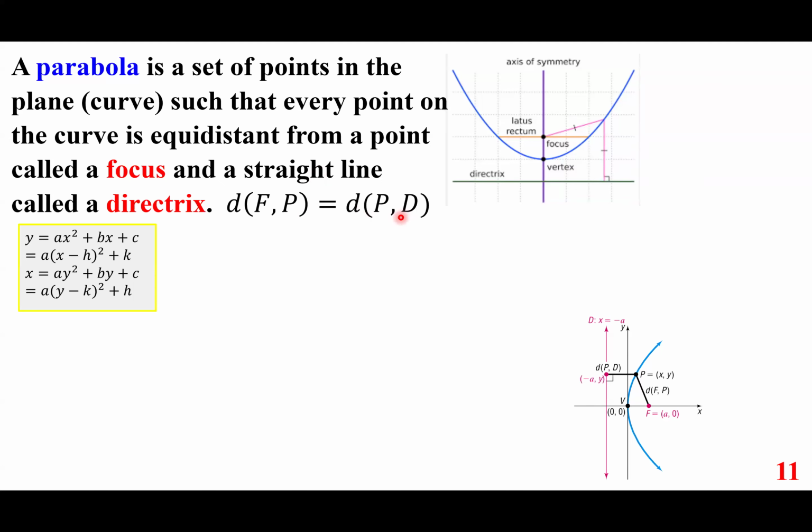So pick a point, call it P with coordinates x, y, and drop a perpendicular. The distance to the line called directrix. The directrix is a line that is perpendicular to the axis of symmetry. Those are the same.